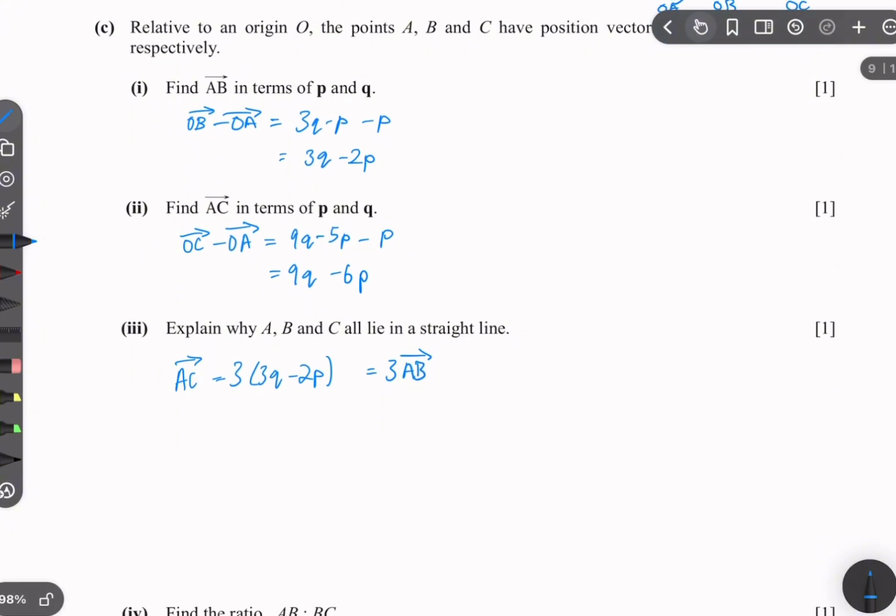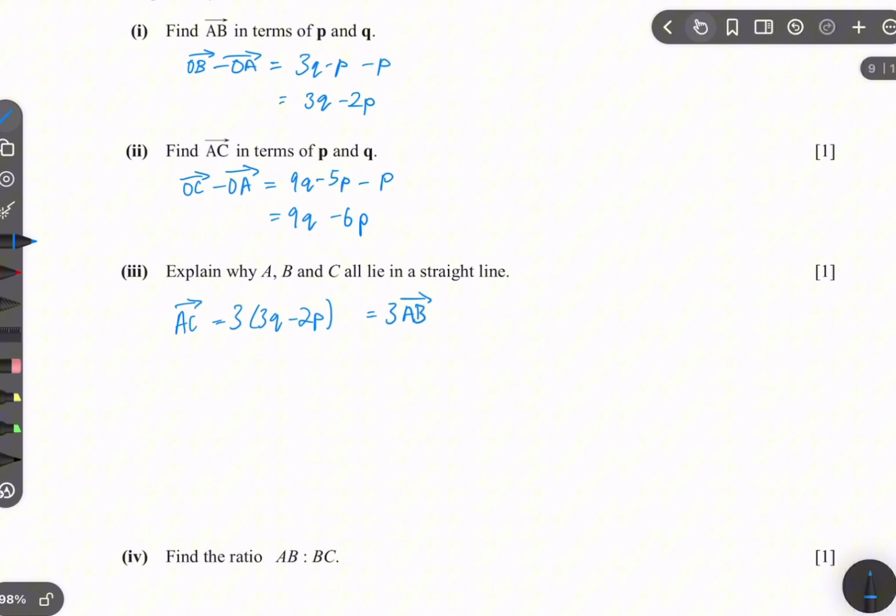So this means that AC is actually AB multiplied by a constant, which is 3. And because AC and AB have a common point A with the same direction vector, we know that ABC must lie in a straight line. So you can explain this. Common point of A.